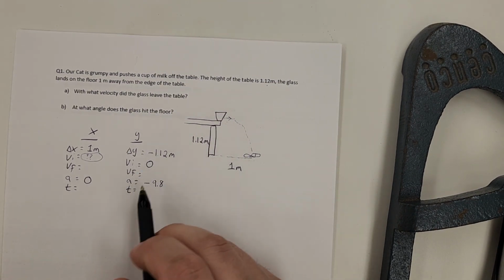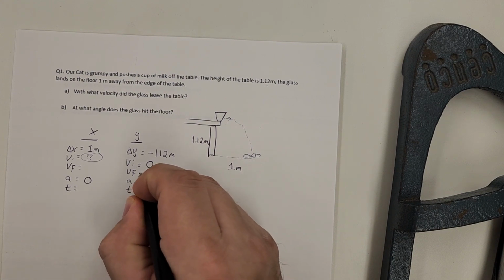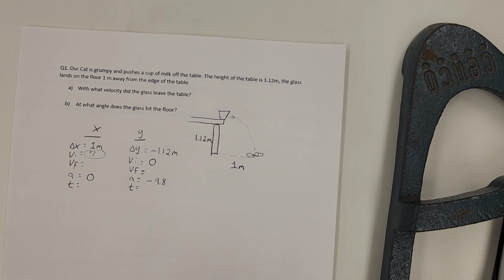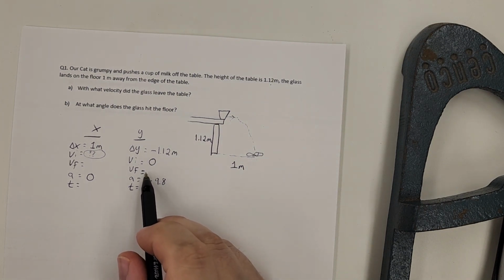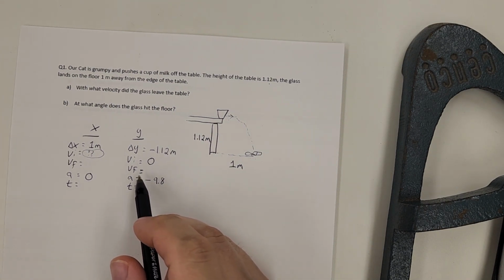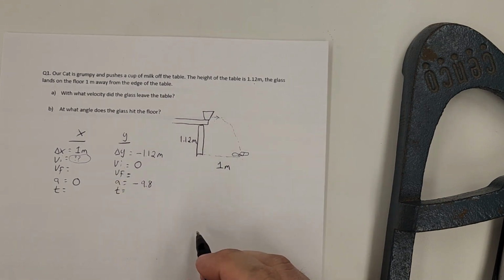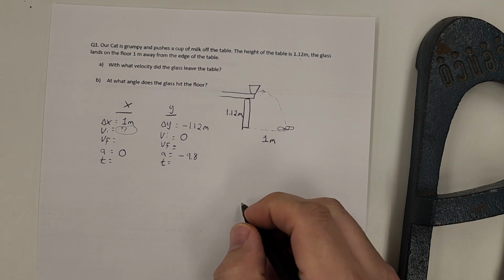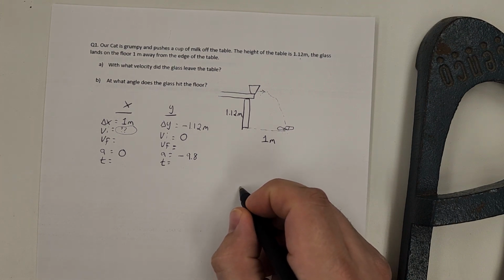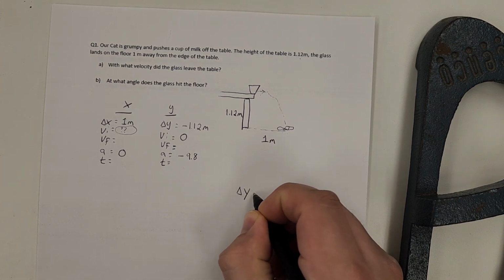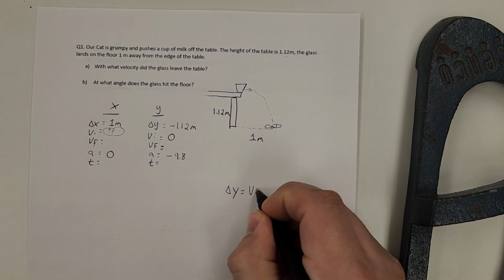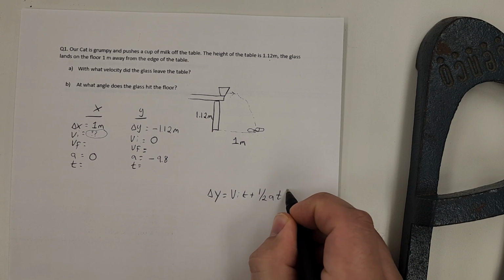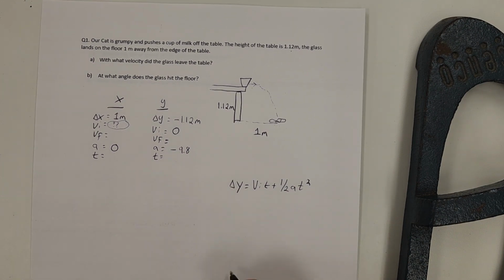Okay. So in this one, the one I don't care about here is going to be VF, or V final. If I don't care about V final, I want to use, let's see, our third equation, the one that does not involve VF. Okay, that one's going to be change in y is equal to VI t plus 1/2 a t squared.